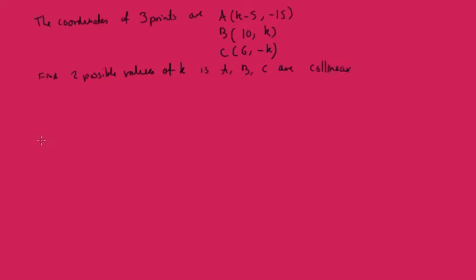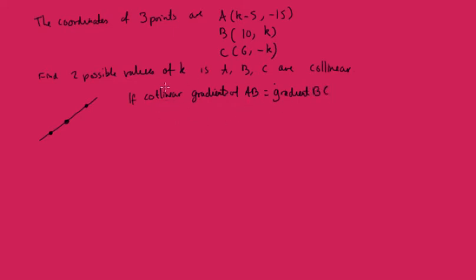So collinear means if you've got a line, A would be here, B would be here, and C would be here. So you've got the 3 points. It could be not necessarily in that order, but these 3 points live on the same line. So if they are collinear, then the gradient of AB would equal the gradient for BC.